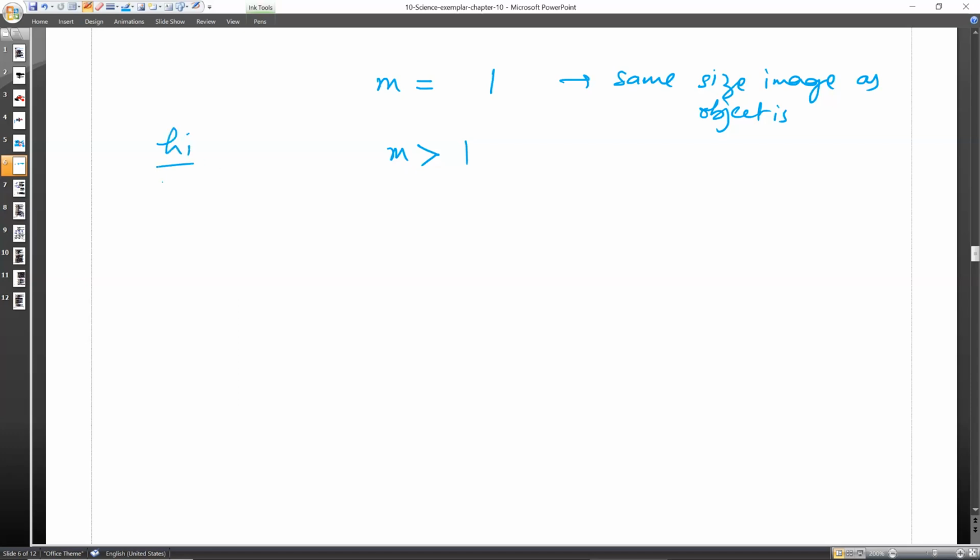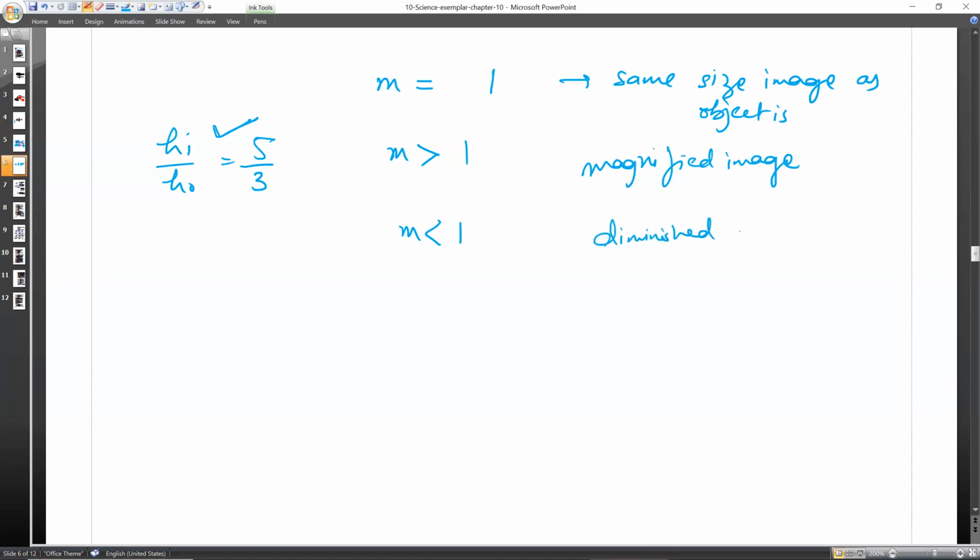Magnification is height of image upon height of object. When the height of the image is more and the height of the object is less, this will be greater than 1, so it is a magnified image. And if the magnification is less than 1, it means it is a diminished image.